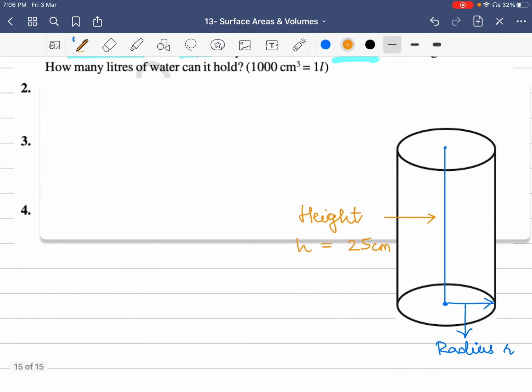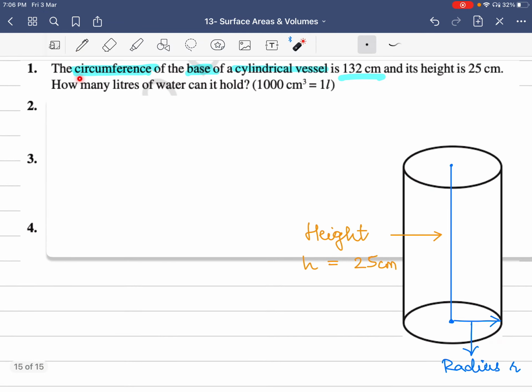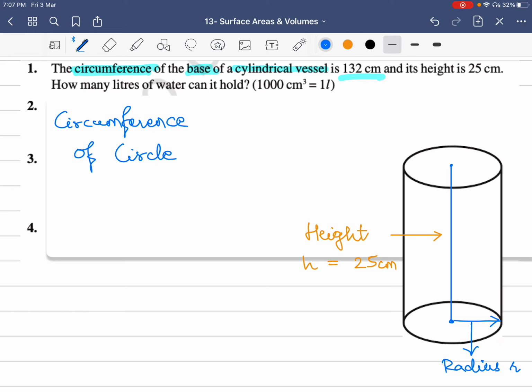So let's read the information once again. The circumference of the base of a cylindrical vessel is 132 centimeter. Now what is the base of the cylinder? It is circular in shape. And what is the circumference of a circle? Circumference of circle is equal to 2 pi r.